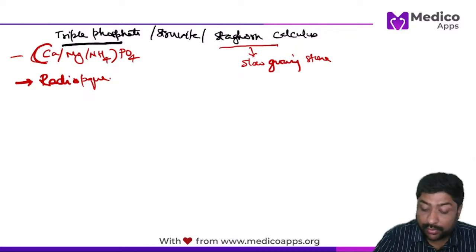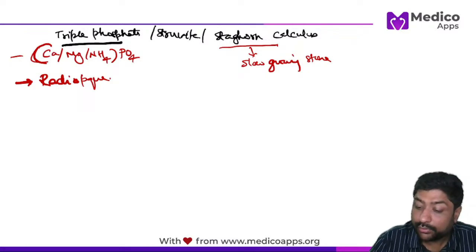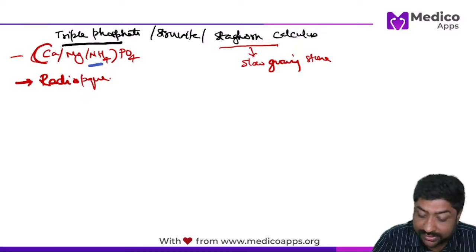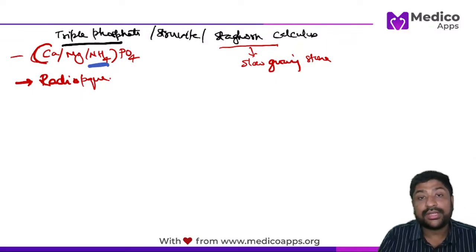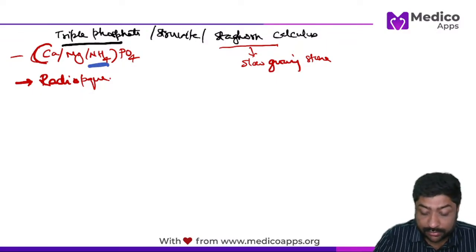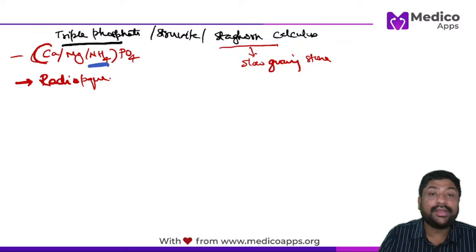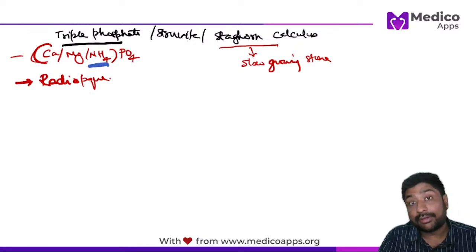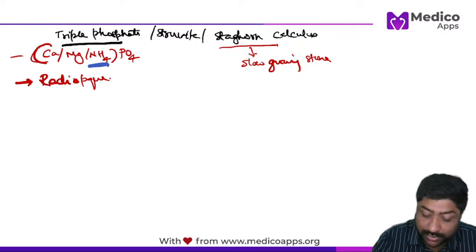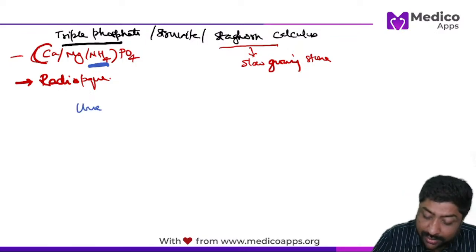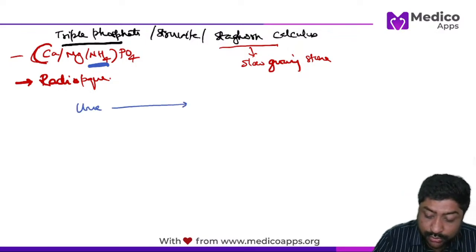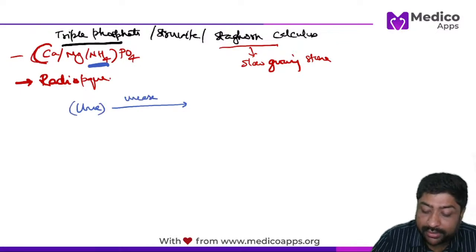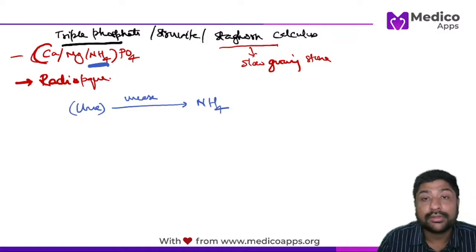Now, the most interesting part about this particular stone is ammonium. This stone is found when there is a urinary infection with any organism that produces urease. Urea is there in our urine. If any organism produces urease, it will break down this urea into ammonium.